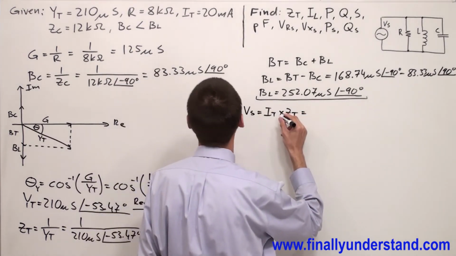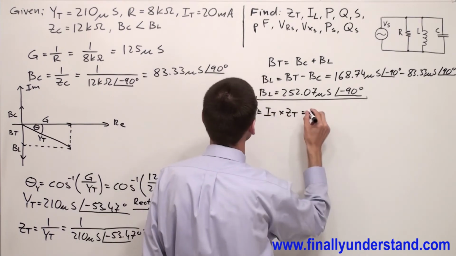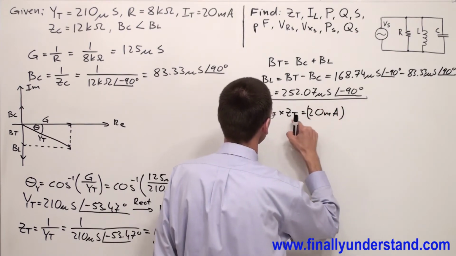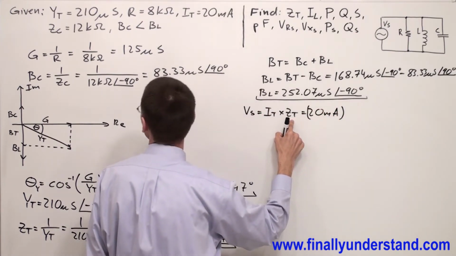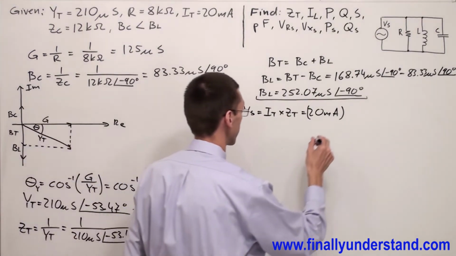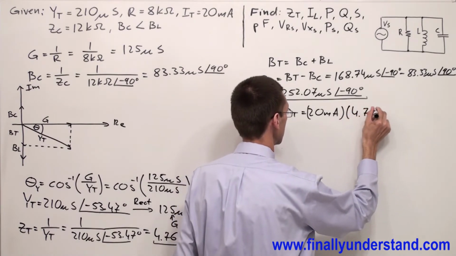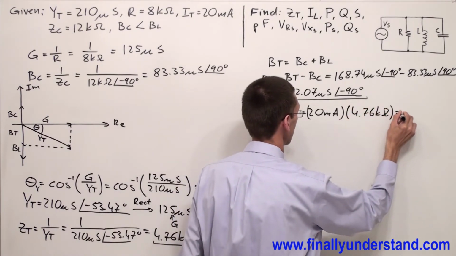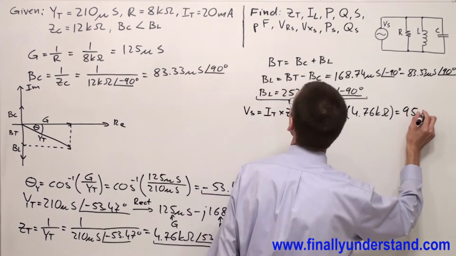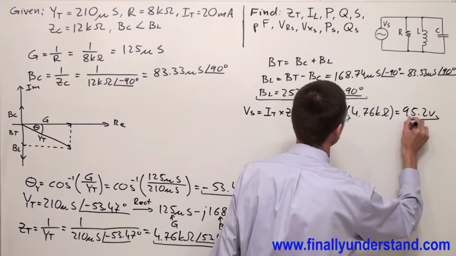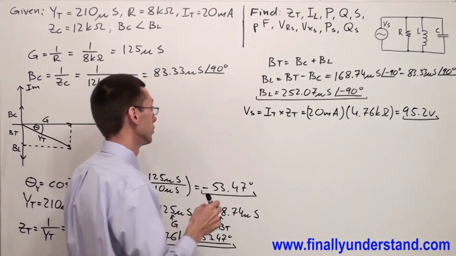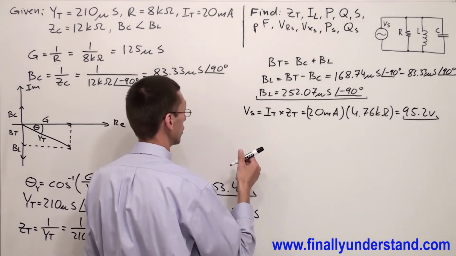So I have I total is given 20 milliamps times Z total, which is over here, 4.76 kilohms, and everything is equal to 95.2 volts. Okay, so this is my voltage source. So next you're supposed to write Ohm's law.